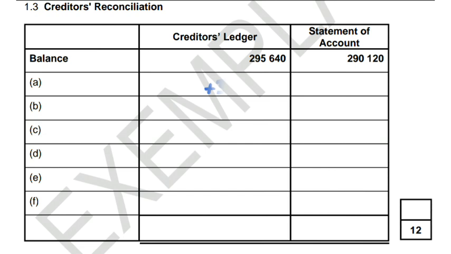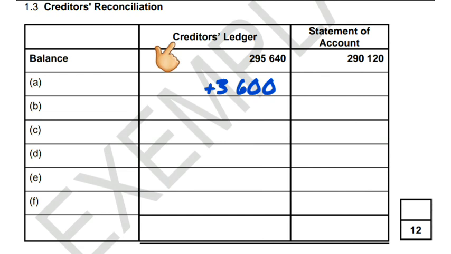That's what I'm going to adjust with. How am I adjusting? I'm going to add it in my creditors ledger because first and foremost, we need to understand that the statement told us that the error was in the creditors ledger. It was incorrect in the creditors ledger, but in the statement, it was correct.